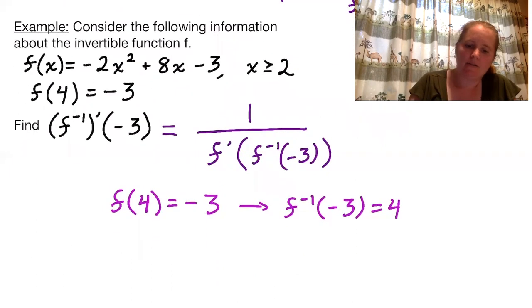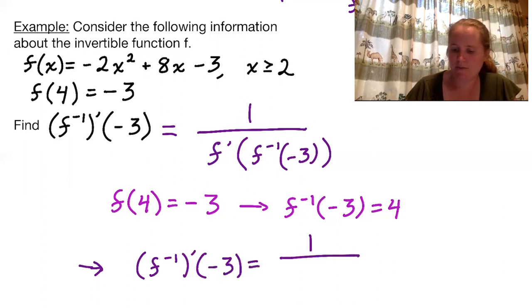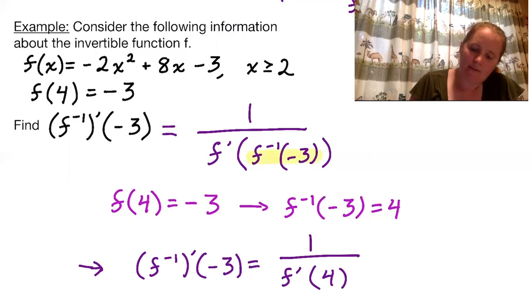So the derivative of f inverse evaluated at negative 3 is the same as 1 over f prime evaluated at 4. We're just taking f inverse of negative 3, and we're told that's equal to 4, so we've replaced it with 4.